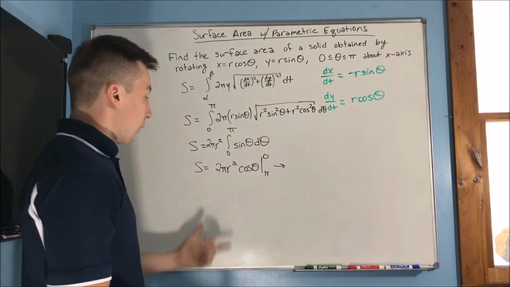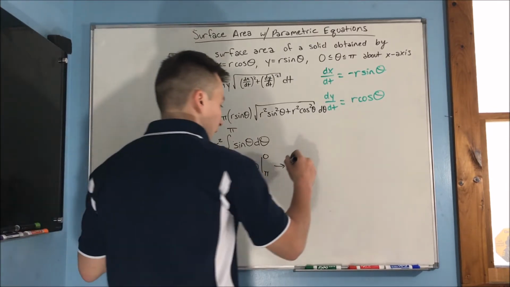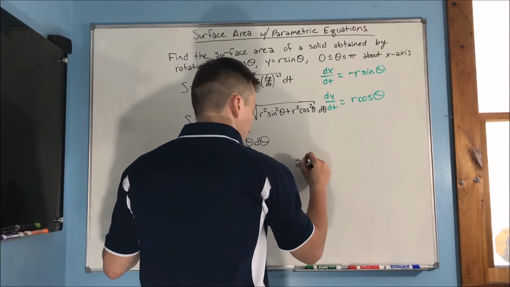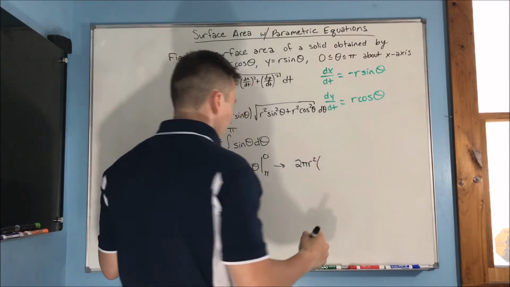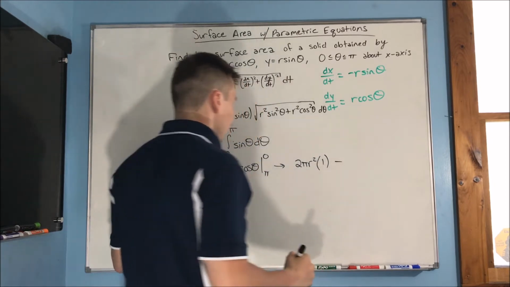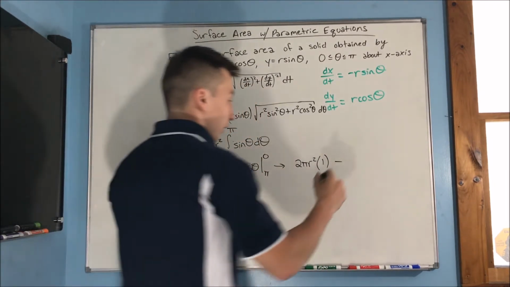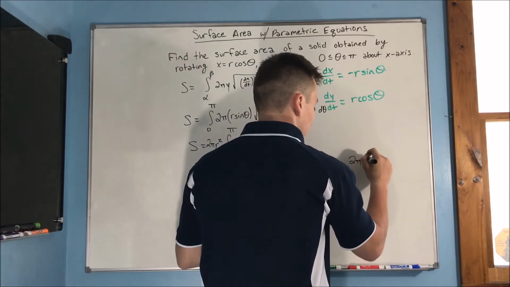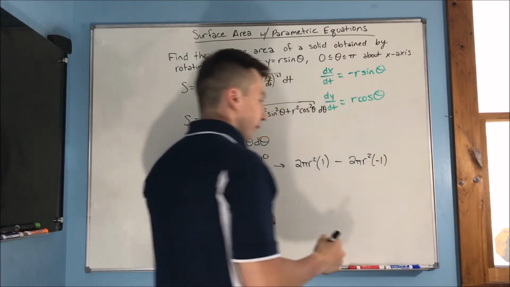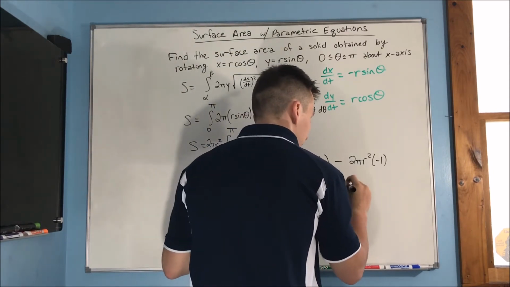First we need to plug in 0 to theta, and that's going to be 2 pi r squared times cosine of 0, which is 1. We're going to get minus 2 pi r squared cosine of pi, and cosine of pi is negative 1. So altogether, this gives us 4 pi r squared.